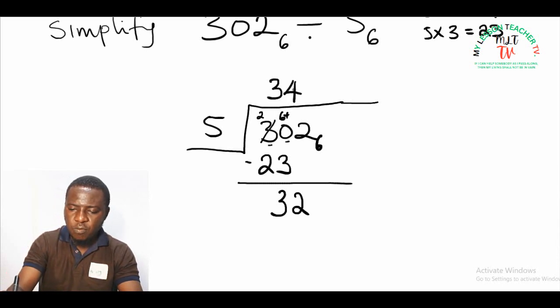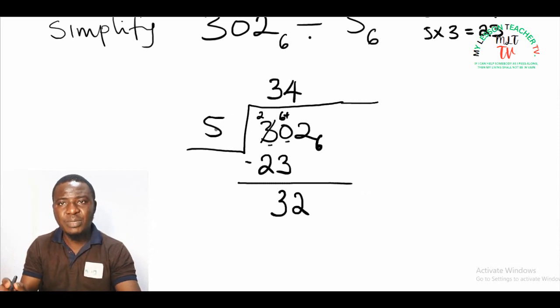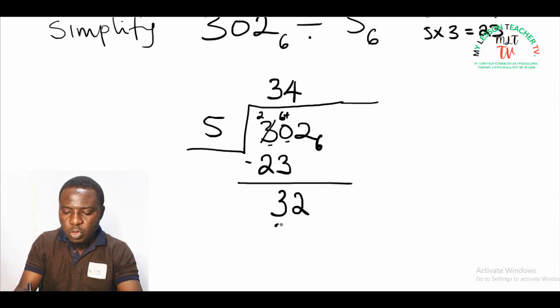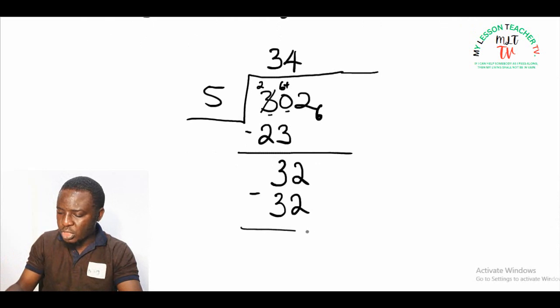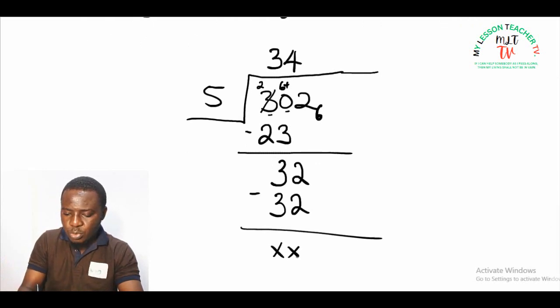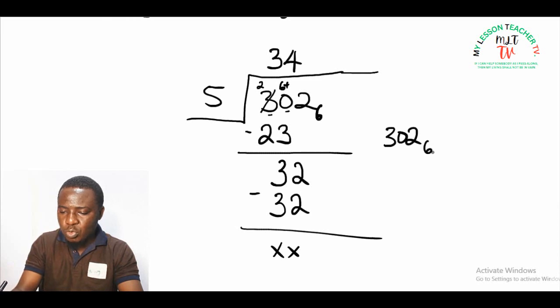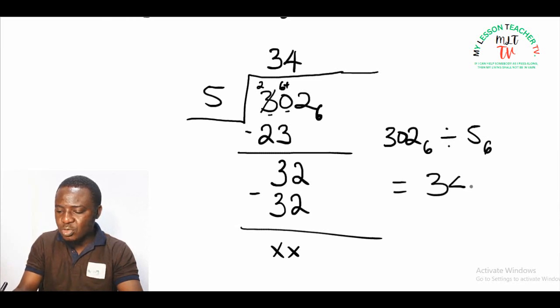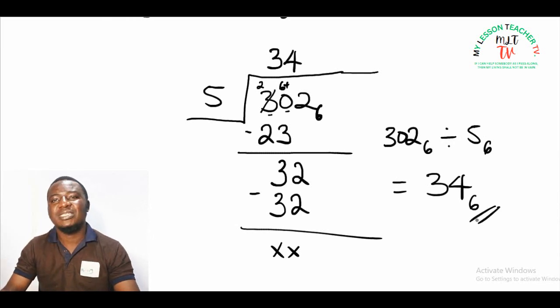So this becomes 4. 4 times 5 is 20 in base 10. Convert it back to base 6, it gives you 32. So this is 32. And when you do the subtraction, it becomes 0. So 302 base 6 divided by 5 in base 6 is 34 in base 6.